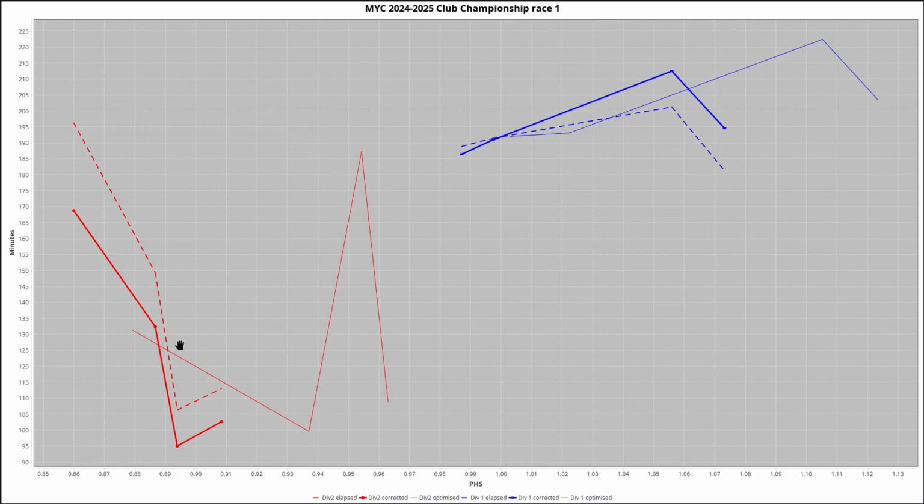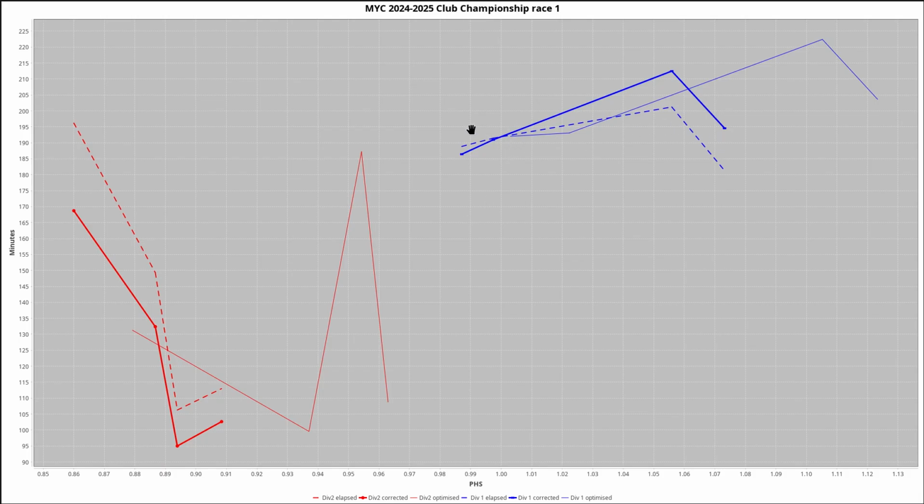The dotted lines for Div 2 and Div 1 are just the actual elapsed time versus the handicap the boat was given. You'd expect the boat with the smaller handicap to take longer to get around the track, so you expect to see a dotted line sloping like this. In Div 2, it's very sloped that way. In Div 1, it's not really sloped at all.